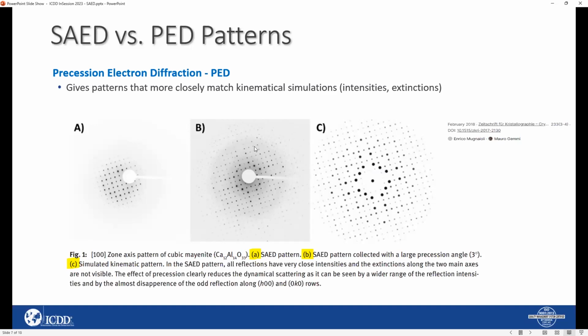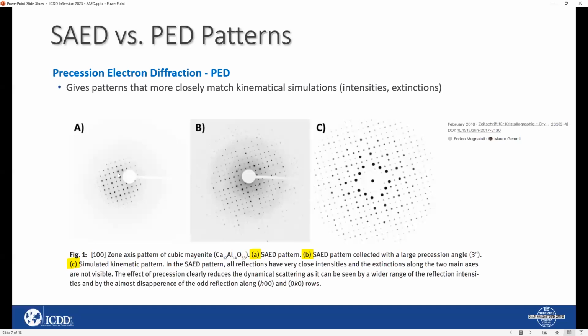And when we have a PED pattern, we can see that this more closely matches a kinematical simulation, because here also we have a wide range of intensities that we can discern, weak to strong peaks, and we can see missing extinct reflections, which is good. So we have a better one-to-one match with our simulation.